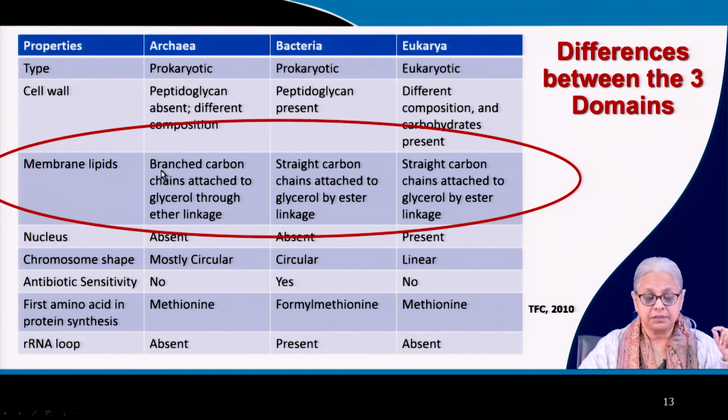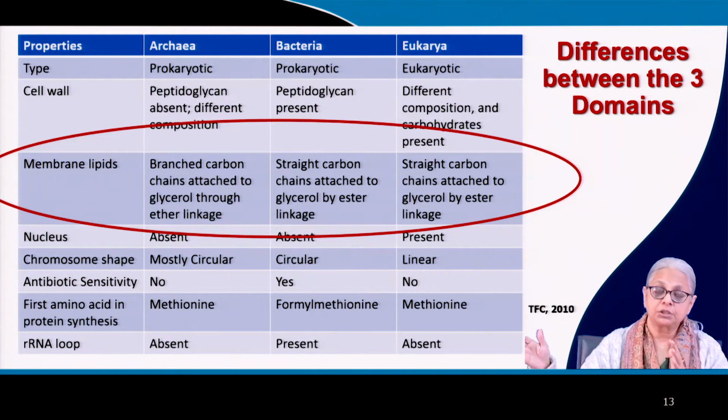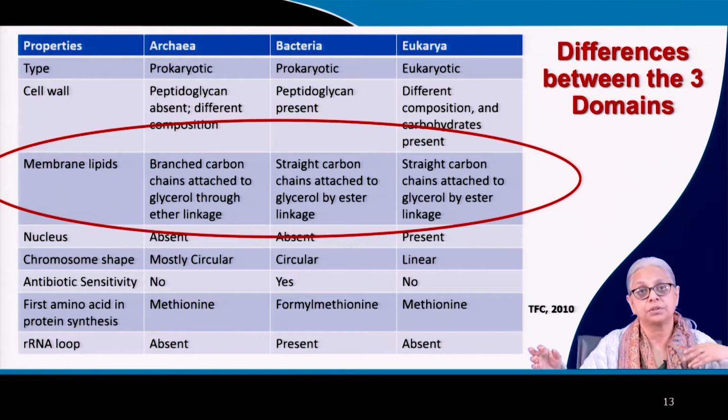Archaebacteria have branched carbon chains attached to the glycerol through an ether linkage. I already mentioned that ester versus ether is a biomarker that separates bacteria and eukaryotes on one side and the archaeobacteria, the more primitive organisms, on the other side. So, this is one biomarker.